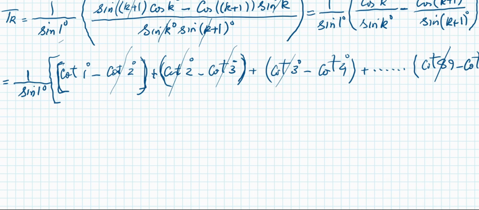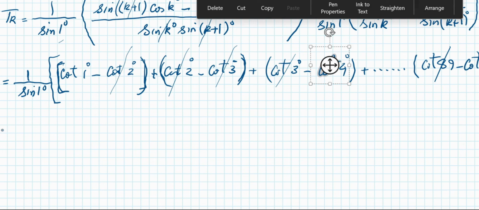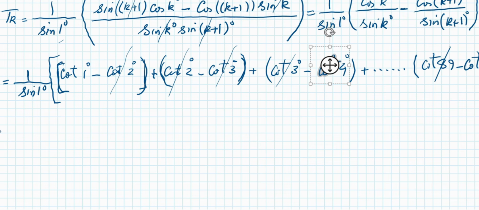So this series would be equal to 1 over sine of 1 degree, and the only terms that remain would be two terms, the first term and the last term of the series.